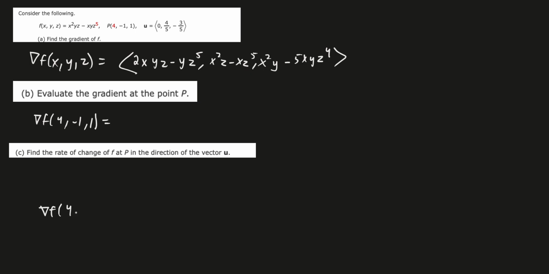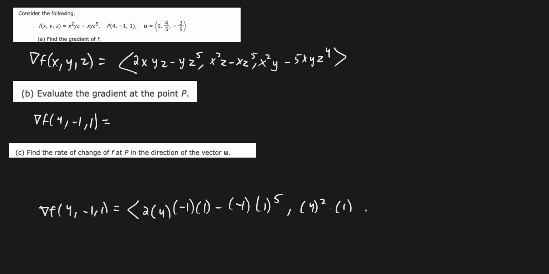So gradient at 4, -1, 1: we have 2 times 4 times -1 times 1 minus -1 times 1 to the fifth, comma, 4 squared times 1 minus 4 times 1 to the fifth, comma, 4 squared times -1 minus 5 times 4 times -1 times 1 to the fourth. It's a lot of arithmetic and very easy to mess up, so try to be a little careful. I'm going to double check after I'm done with this.